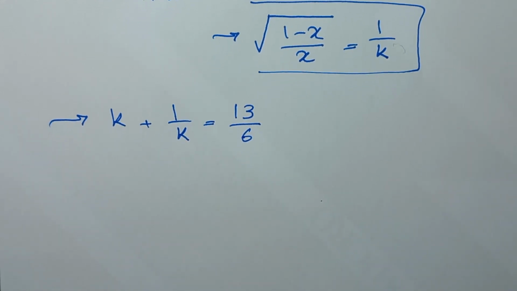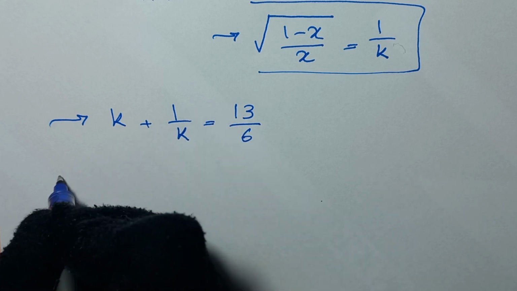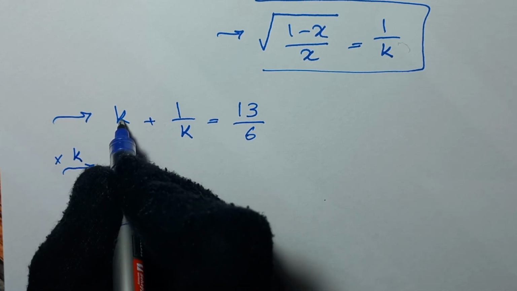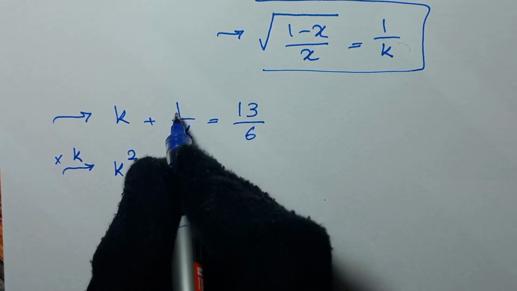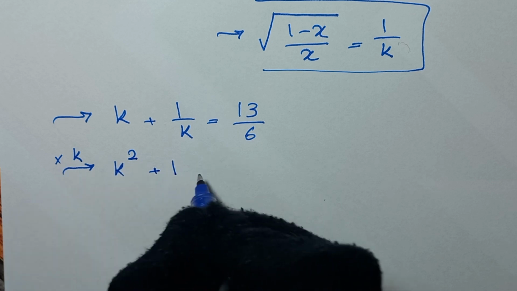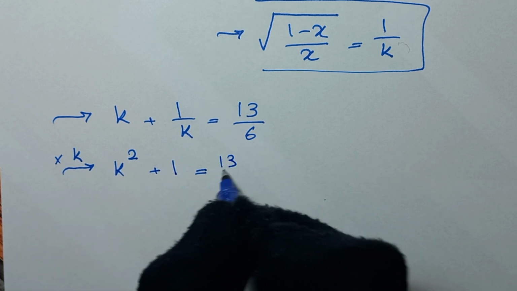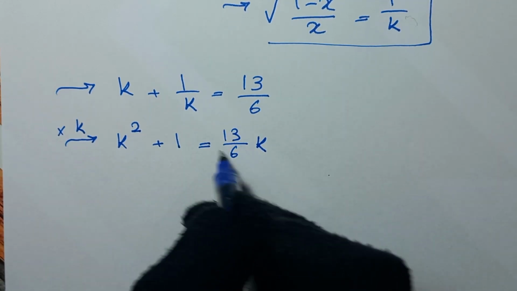So we multiply both sides of the equation by k, and it will be k times k, k squared, plus 1 over k times k, which is 1, is equal to 13 over 6 k.